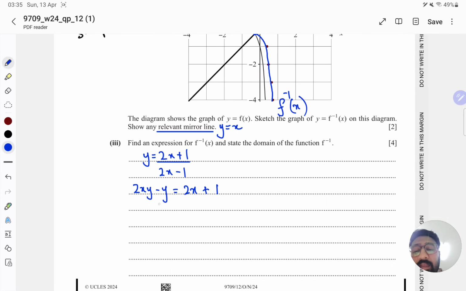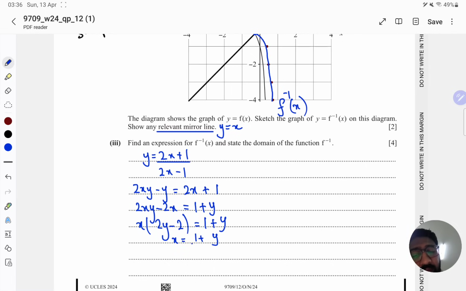I'll collect the like terms, the x terms on one side, so we can take x out as the subject. Sorry, this was y. So x will be equal to 1 plus y divided by 2y minus 2.